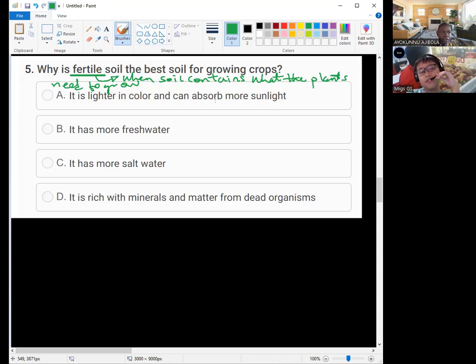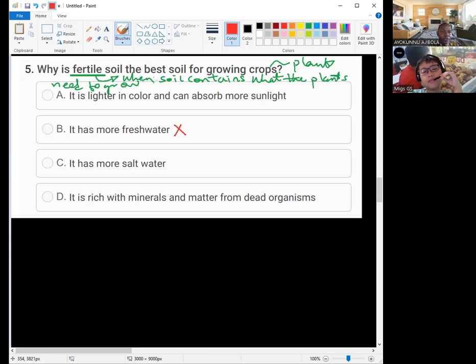What's the meaning of crops? Crops are like plants, you know? It has more fresh water. Letter B. Wait a minute, you still have to apply water when you plant. Is that clear? So we cannot go for this.